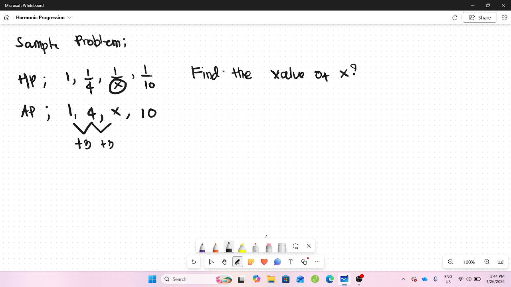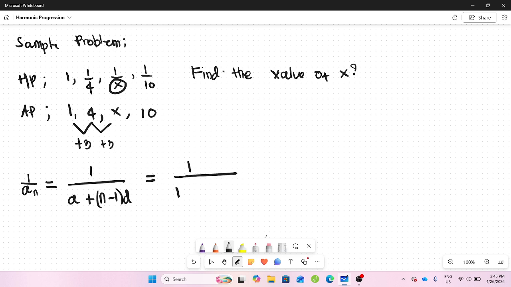Well, let us use the equation of the arithmetic and the harmonic progression. So the nth term is given by 1 over the first term plus n minus 1 times d. Now in this case, we're looking for the third term.